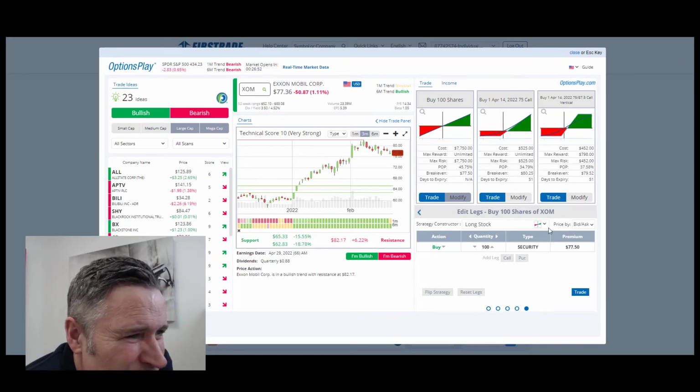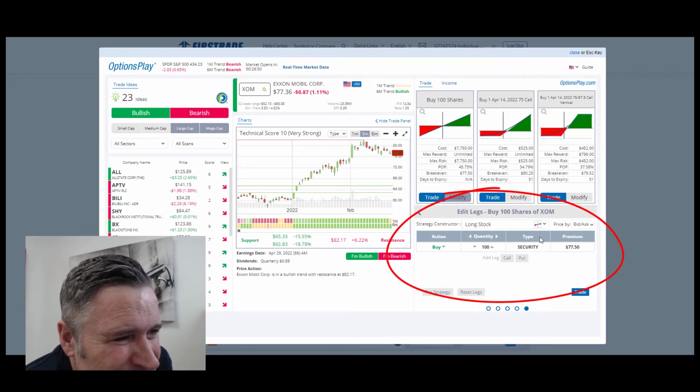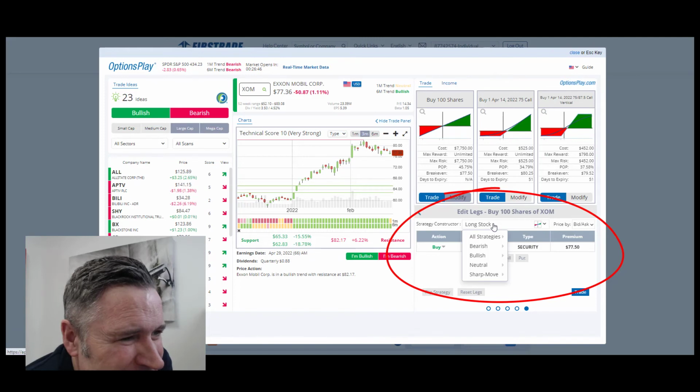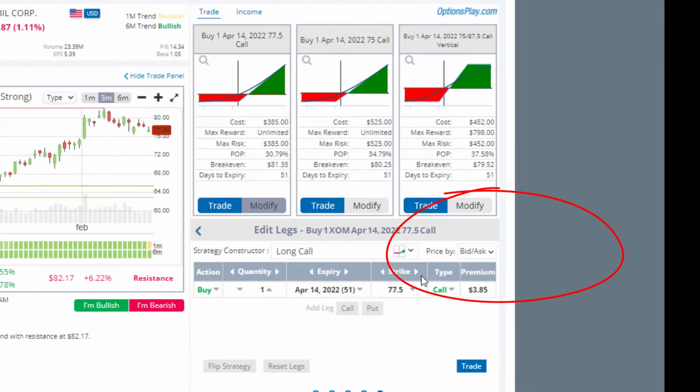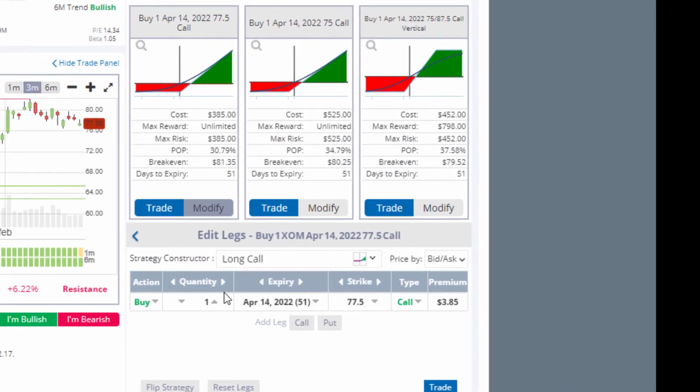Now you can see here we've got like a simulator of what is going on, and we can pick our strategy through there, and we could go bullish, for example, and we just want that long call for the moment, keep it simple. And now there's the trade, and remember these terms we've been talking about. We want to buy just one option contract, so that's going to be 100 shares.